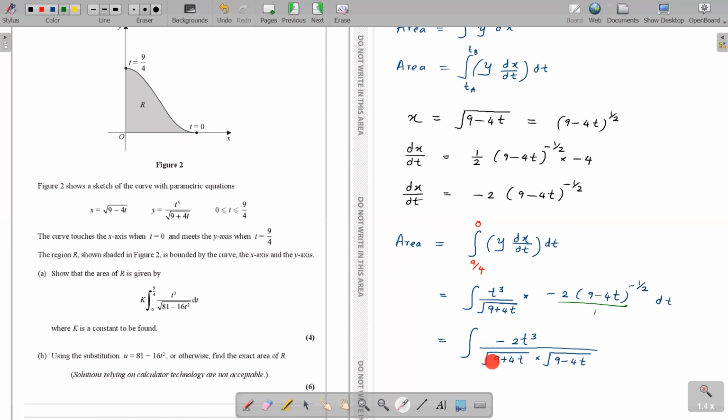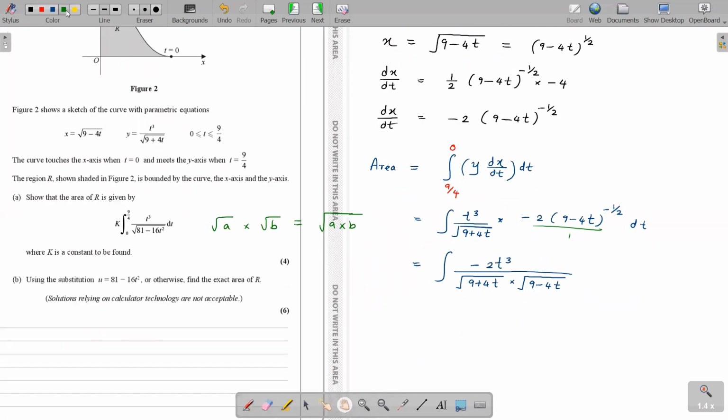And now I have root 9 plus 4t with root 9 minus 4t. Both of them are inside the square root. Since both of them are roots, I can multiply them inside the root. Basically, if you have root a multiplied by root b, you can write it as root a times b. When you multiply, you can write it inside a single root as a into b. So I can use that rule over here.